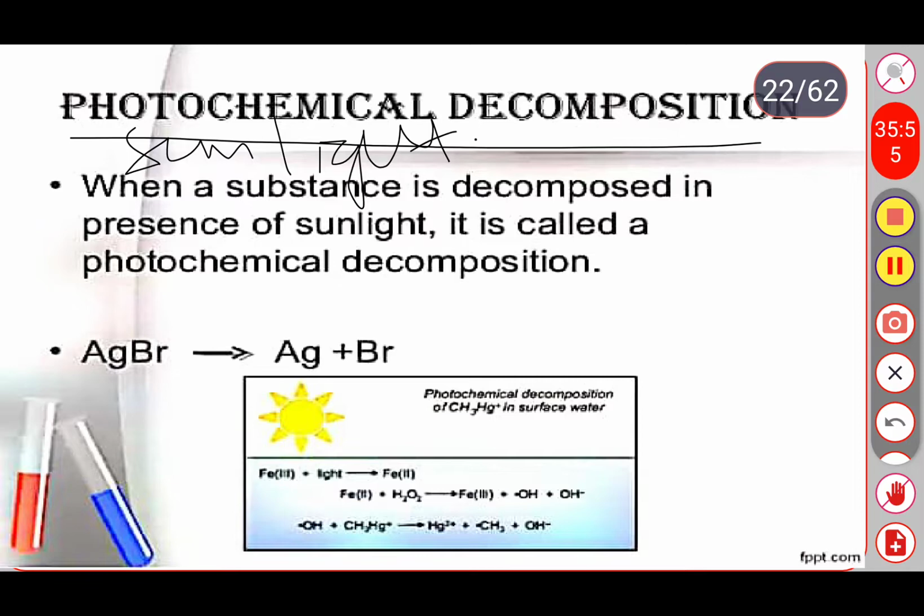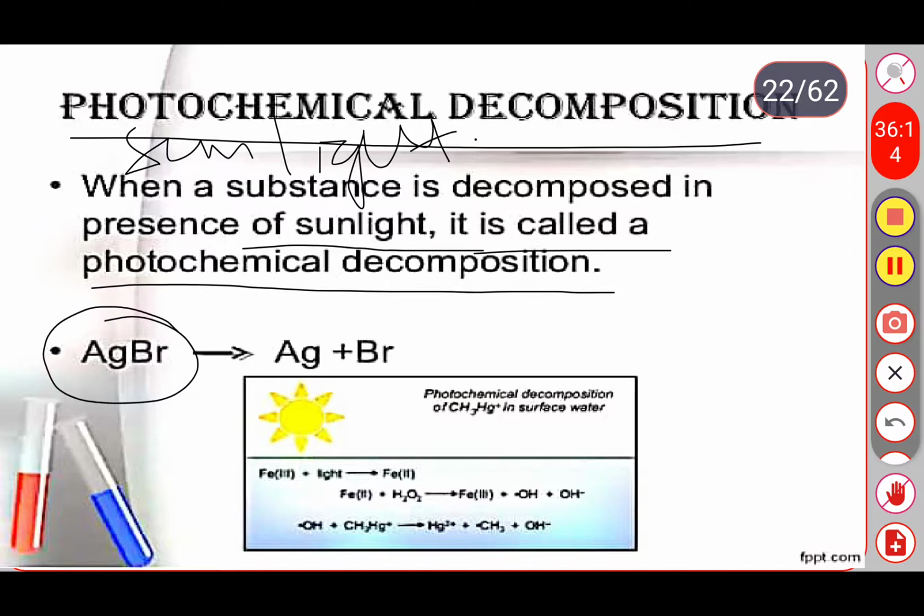One example is silver bromide. When silver bromide is exposed to sunlight, it breaks down into silver and bromine. So the whole compound breaks down into two simpler substances, silver and bromine.